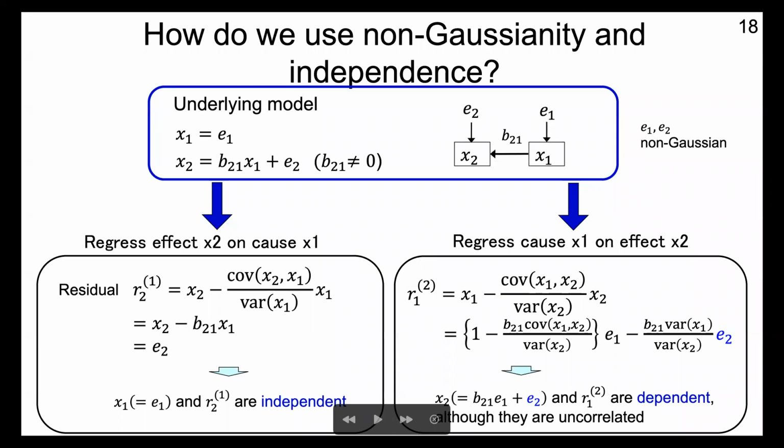In other words, when we regress according to the direction of causality, the explanatory variable and the residual become independent. But when we regress according to the opposite direction of causality, they become not independent. So we use this difference, independent and dependent, to find the direction of causality.